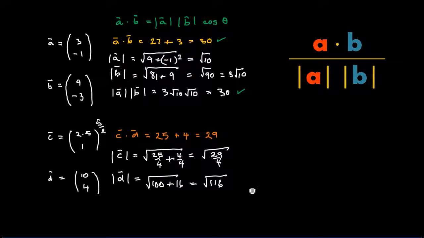Can we simplify these surds? Well, yes, we can. If we think about this as a quarter times 29, then we can take that quarter out and say, well, a half times a half is a quarter. So we end up with a half of root 29. That looks a bit nicer. What have I got here then?